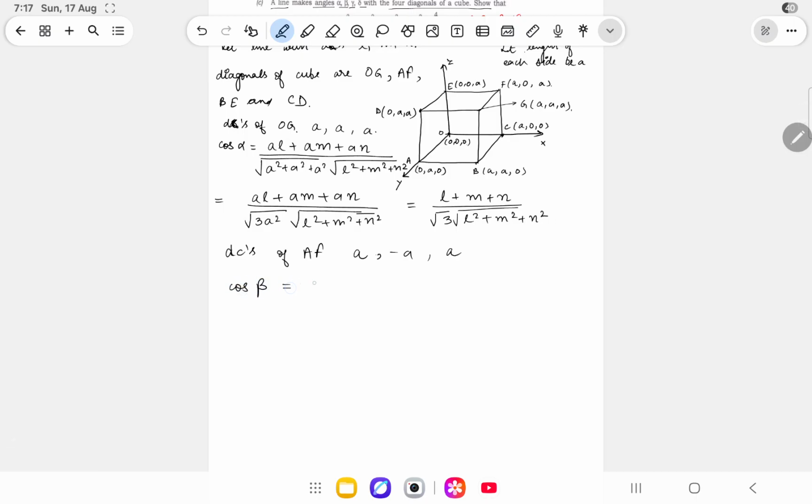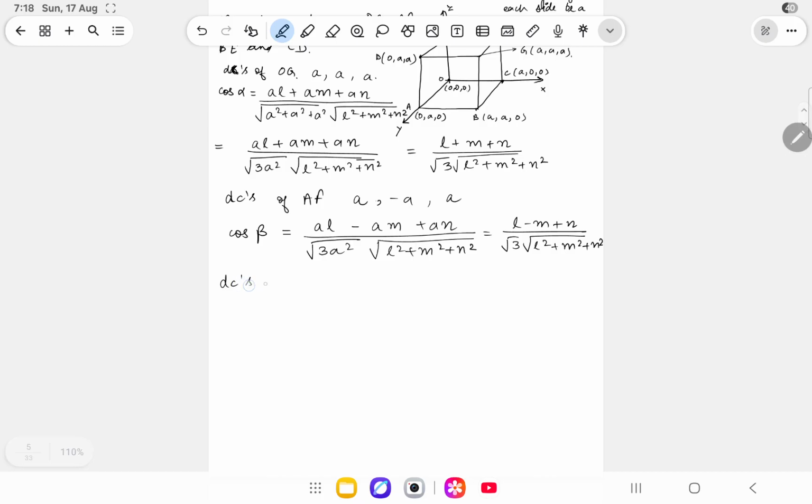So cos beta equals AL minus AM plus AN upon under root 3A square under root L square plus M square plus N square, and on simplifying we'll get L minus M plus N upon under root 3 under root L square plus M square plus N square.